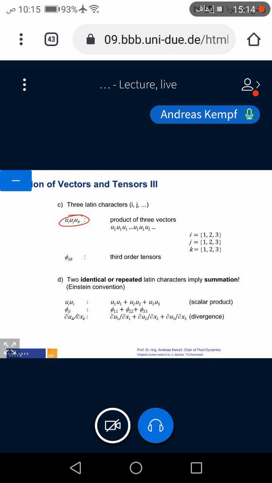So this is the product of 3 vectors, ui uj uk, with these components, u1 u1 u1, and then the next one would be u1 u1 u2, and so on. And you can go all the way up through all the rows and columns and probably layers to get at the component u3 u3 u3.